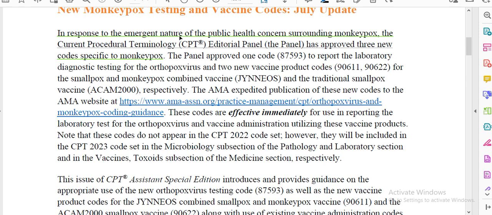In response to the emergent nature of public health concerns surrounding monkeypox, the Current Procedural Terminology Editorial Panel has approved three new codes specific to monkeypox. As you know, in the US they have currently declared a health emergency for monkeypox. So in the future we may need to code these codes in our live coding.